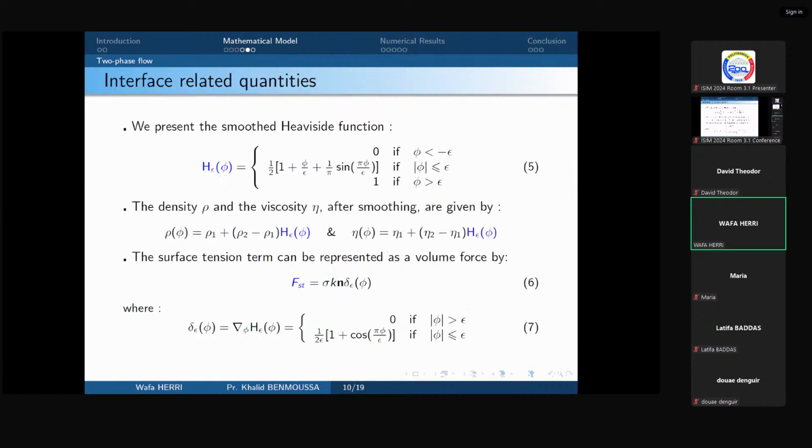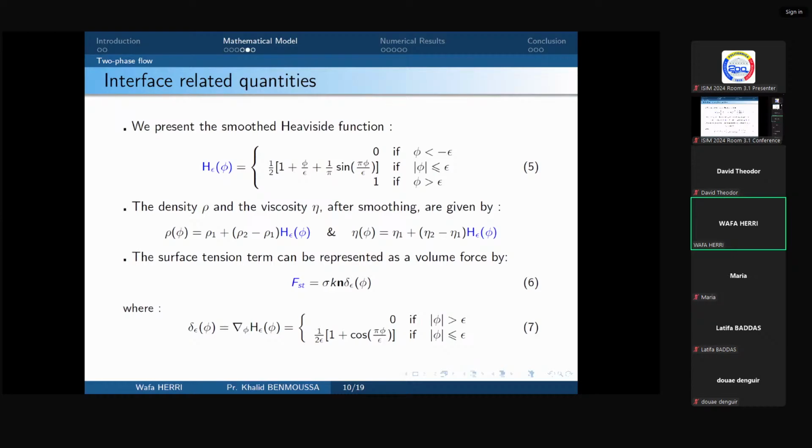Before moving to the variational formulation of the Navier-Stokes equations, we need to define some quantities related to the interface in two-fluid flow, such as density, viscosity, and interface forces. To do this, we need to present the Heaviside function, which helps to define parameters with different values in each subdomain.